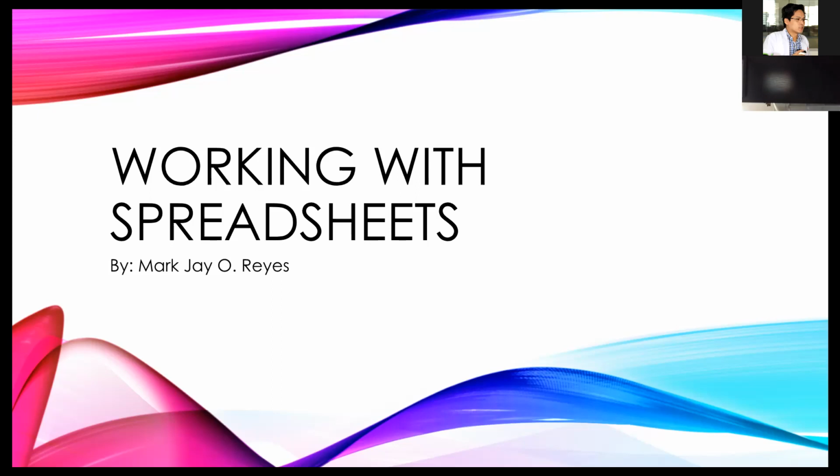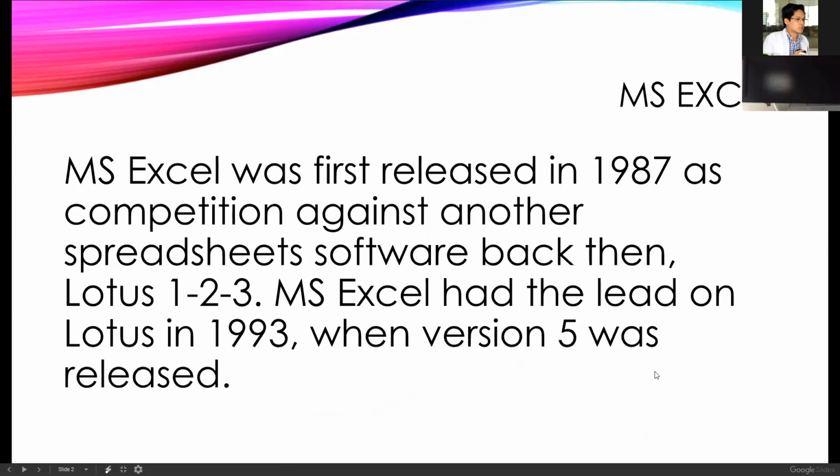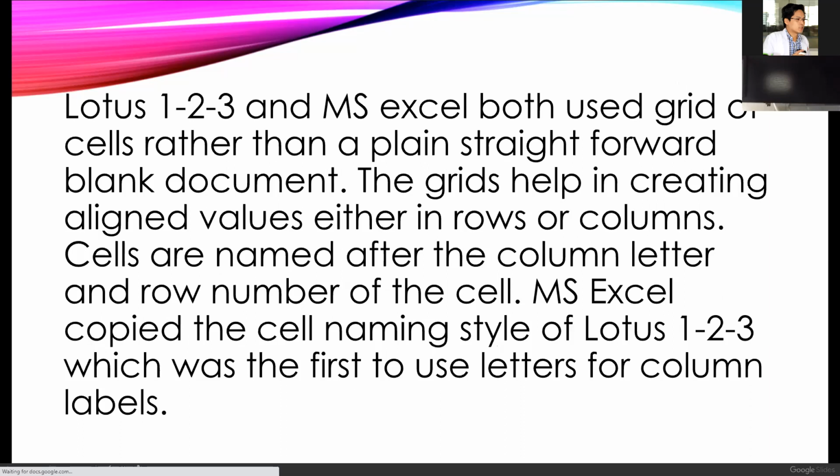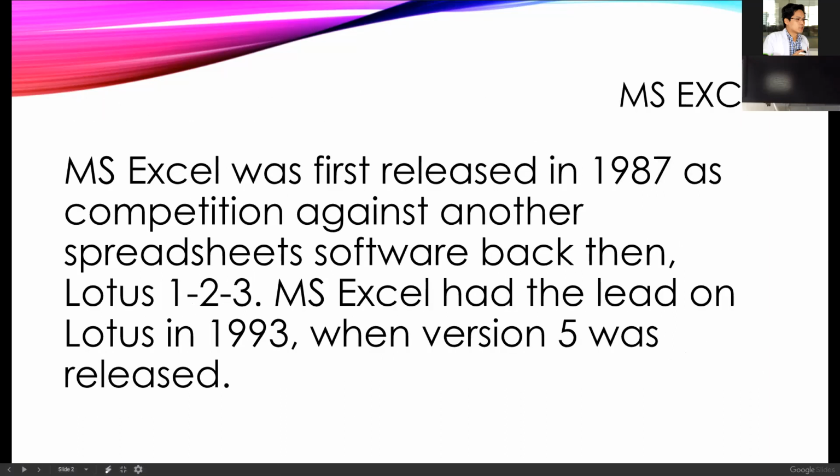Working with spreadsheets. MS Excel was first released in 1987 as a competition against another spreadsheet software back then, Lotus 123. MS Excel took the lead over Lotus in 1993 when version 5 was released.